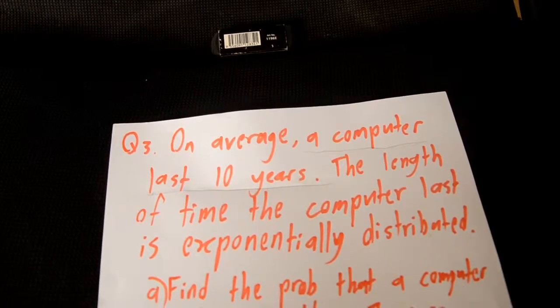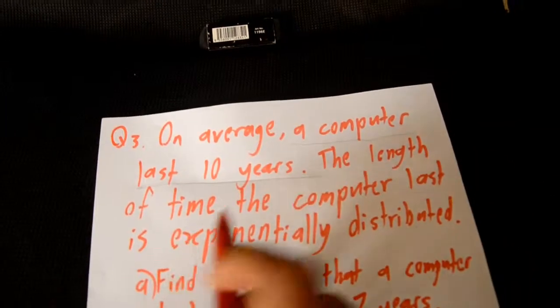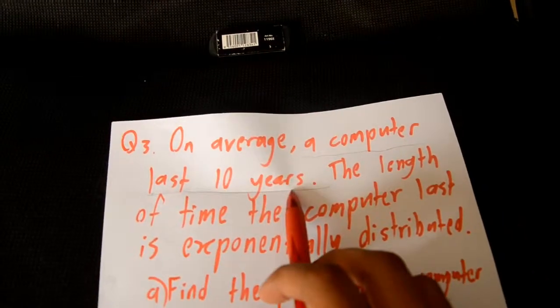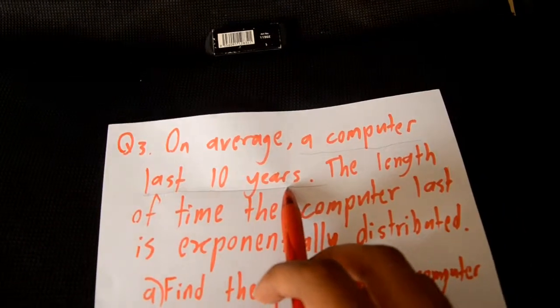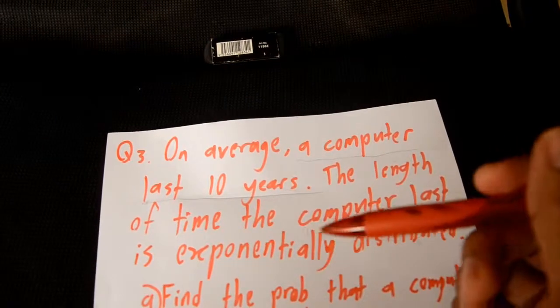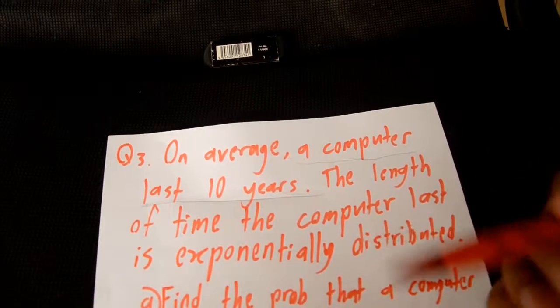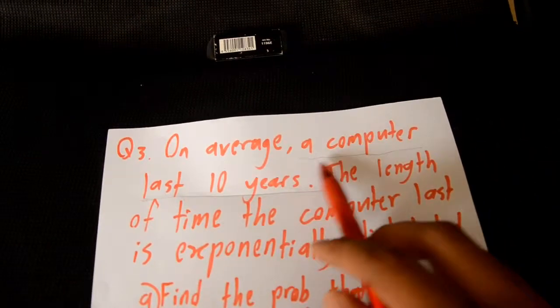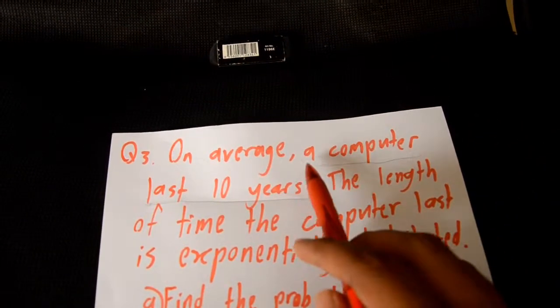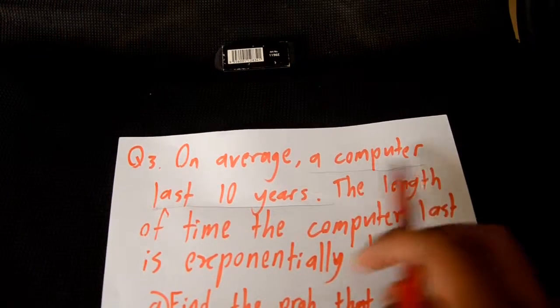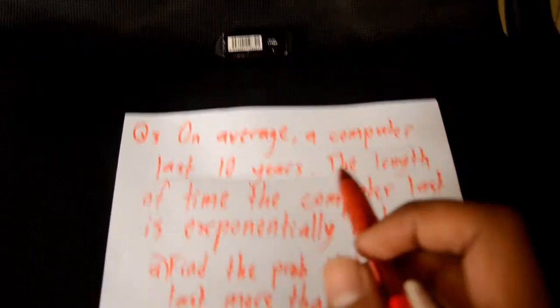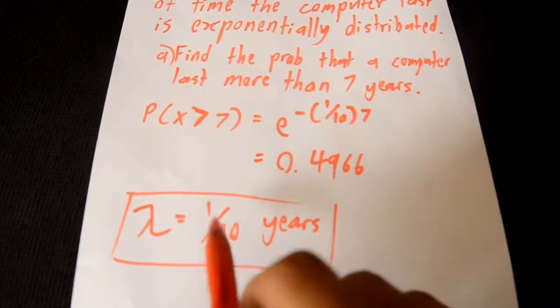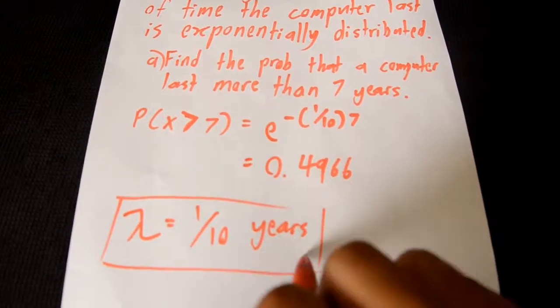For the last example question, on average the computer lasts 10 years. Like I said, lambda is the event, how many times the event occurred in one given period of time. From this question it is 1 computer per 10 years. So the lambda is a bit confusing, not 10 but 1 over 10 years.